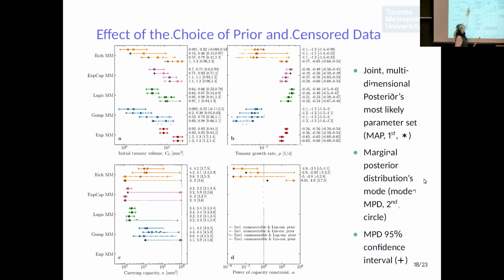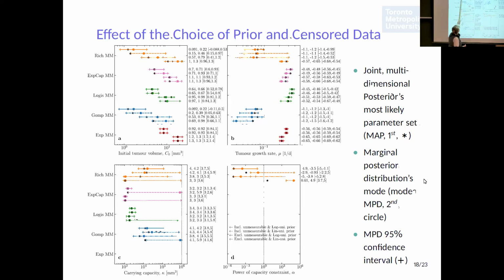There's basically no difference for the exponential model. But the difference between including unmeasurable data here versus ignoring the unmeasurable data is big, right? These are statistically different. So that's for the simplest model. In the most complex model, it makes a big difference. So for example, here, well, what's a good example?